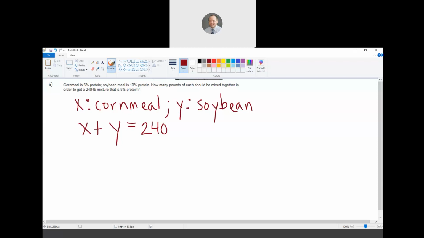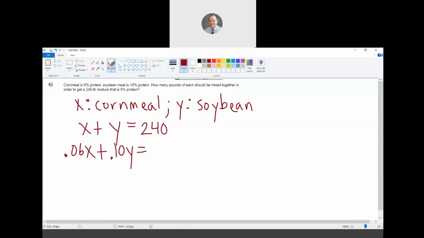Now, our second equation is just like the first, but we're introducing the percentages. So 6% for cornmeal, or 0.06x. Soybean is 10% protein, or 0.10y.